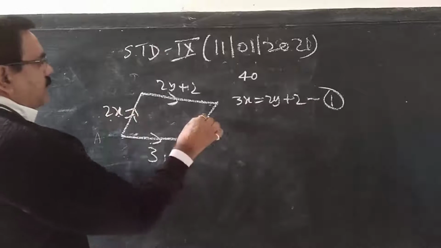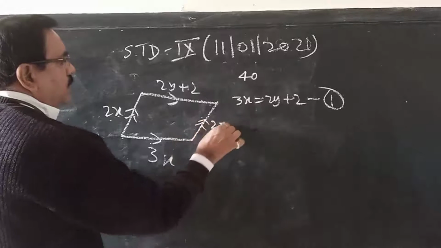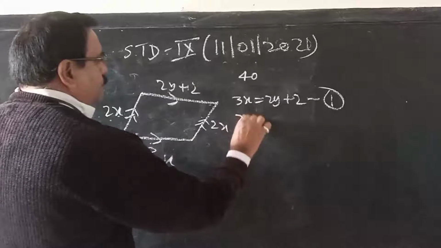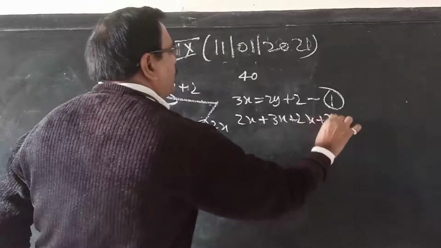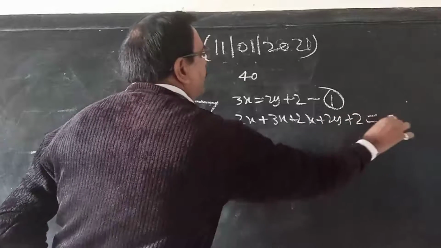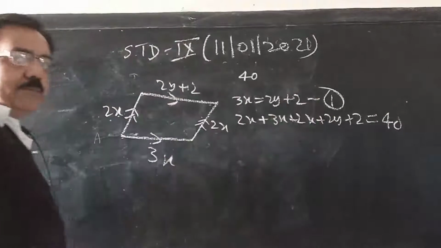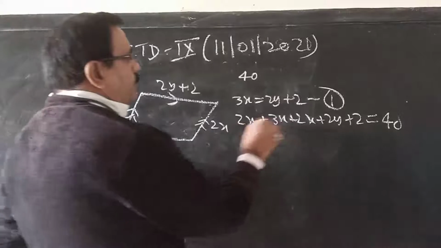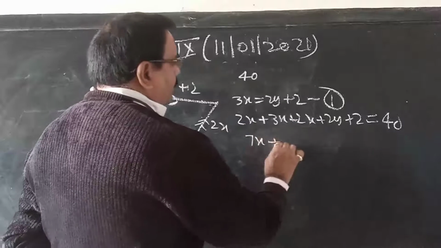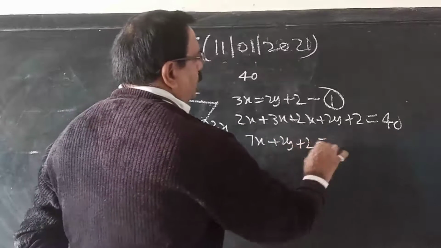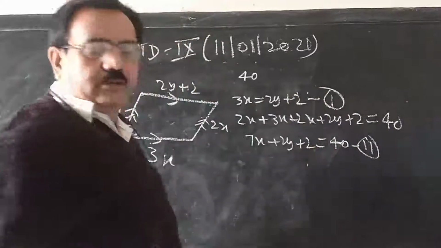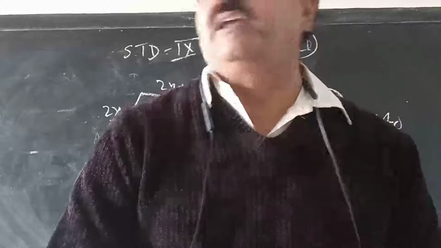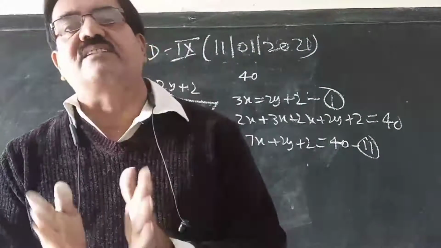This is 2x, then this is also 2x. And the sum of the sides, 2x plus 3x plus 2x plus 2y plus 2, is given 40, the perimeter, the sum of all sides. So 7x plus 2y plus 2 is equal to 40. This is the second equation. From these two equations, you have to solve simultaneously and find the value of x and y.